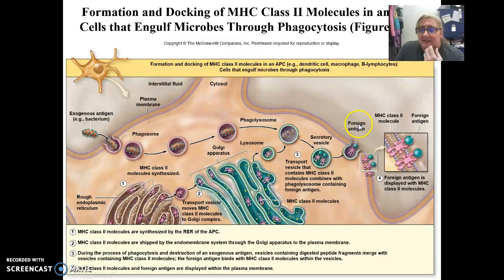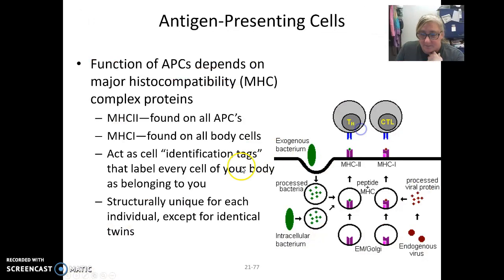And helper T cells are going to interact with that one. So we have cytotoxic T lymphocytes interact with MHC class 1. Helper T lymphocytes interact with MHC class 2 molecules.